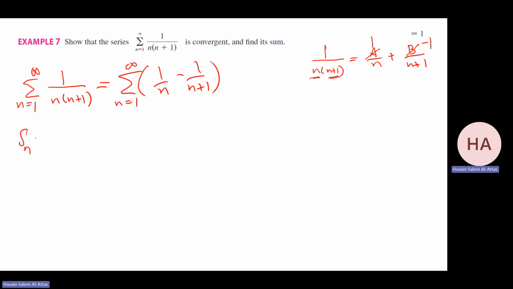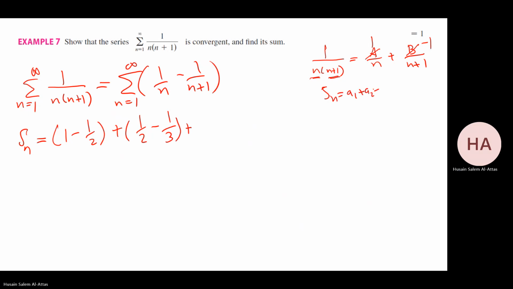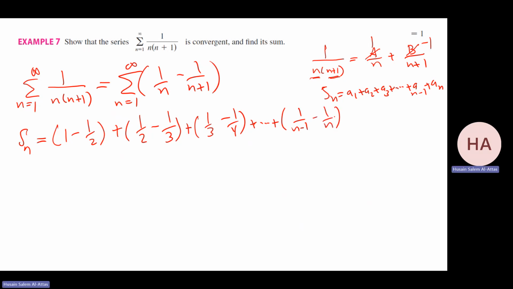Okay, so it will be Sn. A1 will be 1 minus a half. A2 will be a half minus 1 over 3. Don't forget Sn. Usually I write it this way, since there is only one term. Okay, 1 over 3 minus 1 over 4, plus 1 over n minus 1, sorry, minus 1 over n.